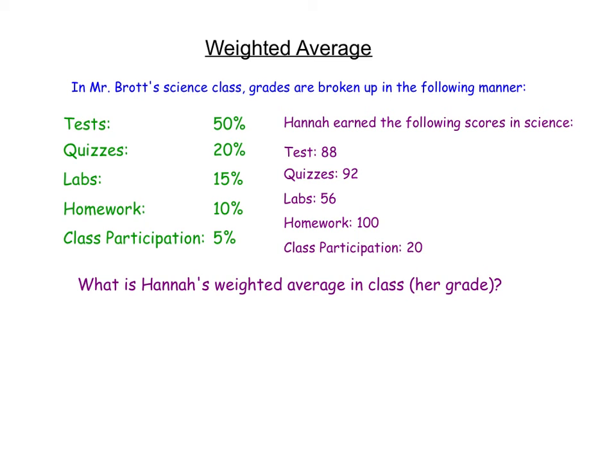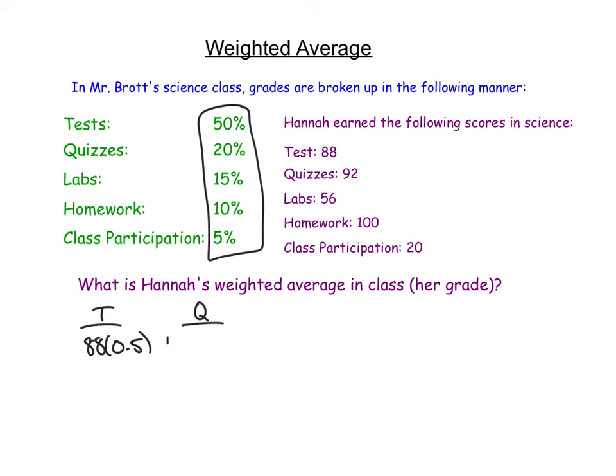And so if you think of it in terms of 100%, each of these pieces is going to contribute some toward that 100%. And so for the tests, it's going to be 88 times 50%, so 0.5.